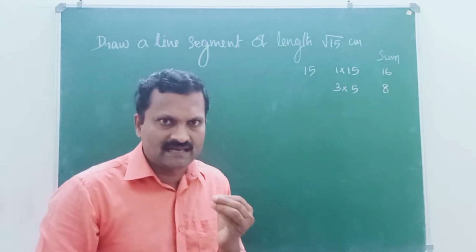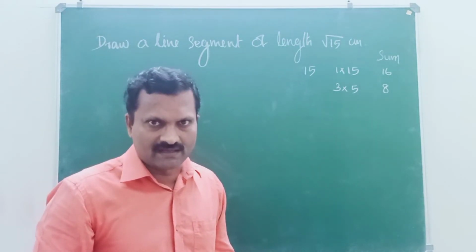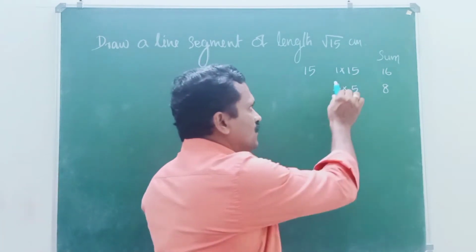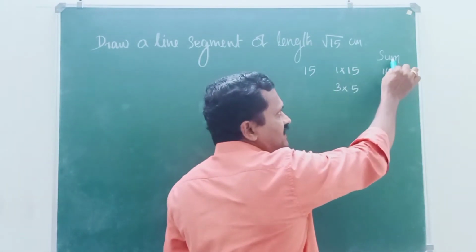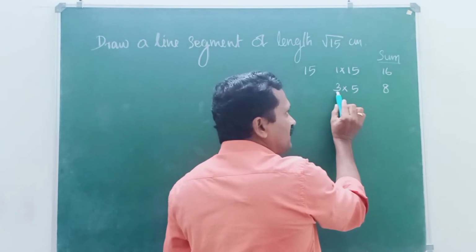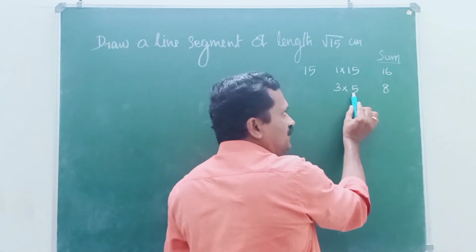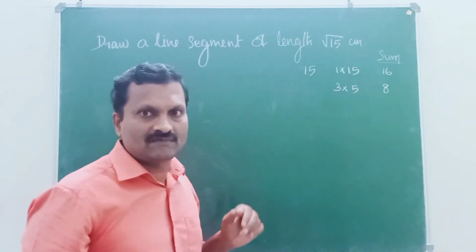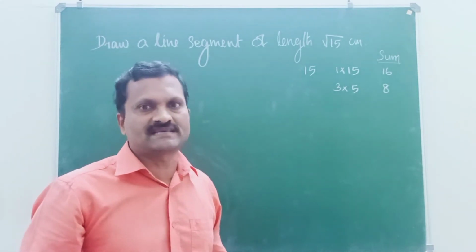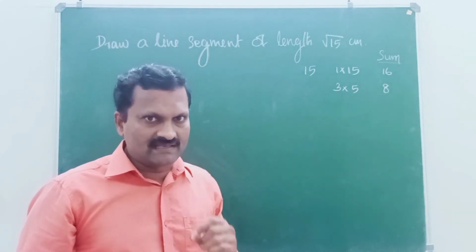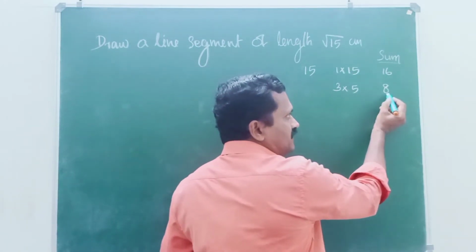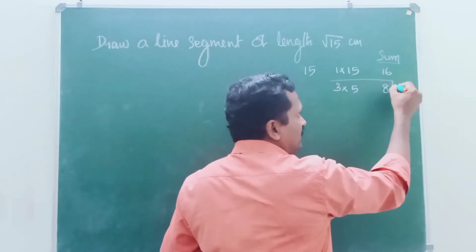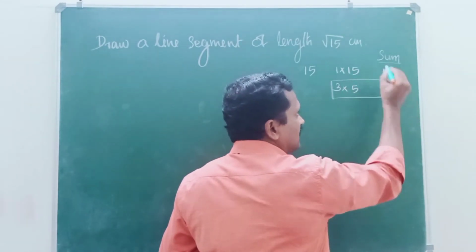If we take the numbers 1 and 15, then we draw a line segment of length 1 plus 15, that is 16. If we take the numbers 3 and 5, then we draw a line segment of length 5 plus 3, that is 8 centimeter. It is easier to draw a line segment of length 8 instead of 16. So, we fix the numbers as 3 and 5.